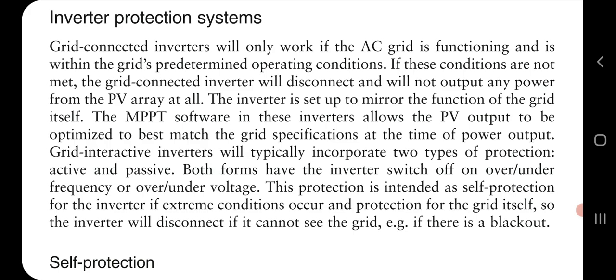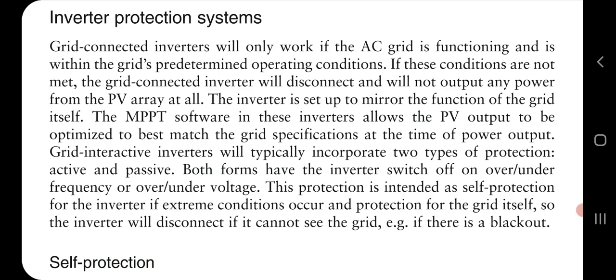MPPT software, which allows the PV output to be optimized to best match the grid specification at the time of power output. It means that it matches the grid model, and the grid frequency, voltage and other parameters are synchronized or matched, or software is fed in the inverter so that it matches with the grid.